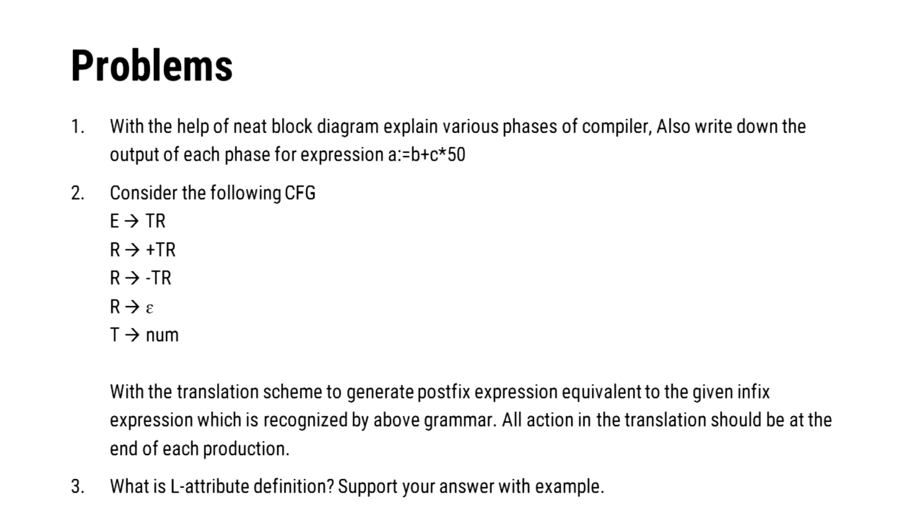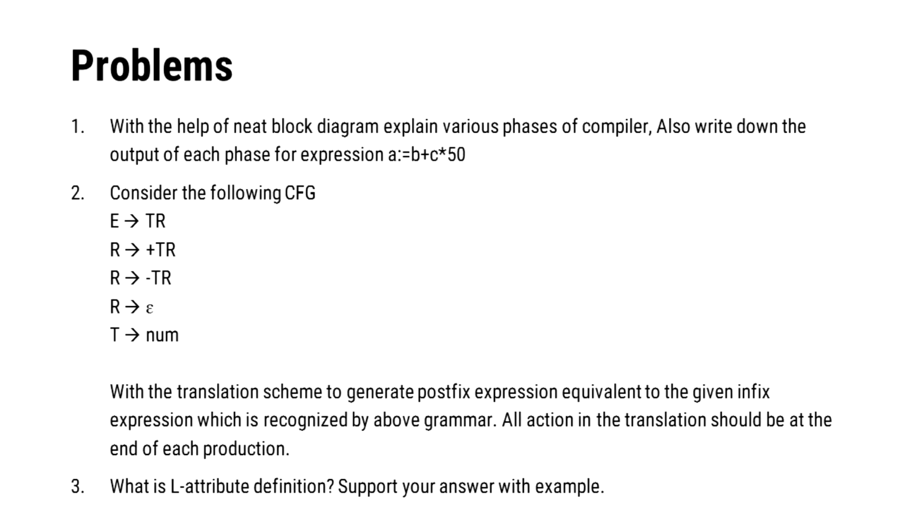And the second problem is, consider the following CFG. E gives TR, R gives +TR, R gives -TR, R gives epsilon, T gives num, with the translation scheme to generate the postfix expression equivalent to the given infix expression, which is recognized by the above grammar.